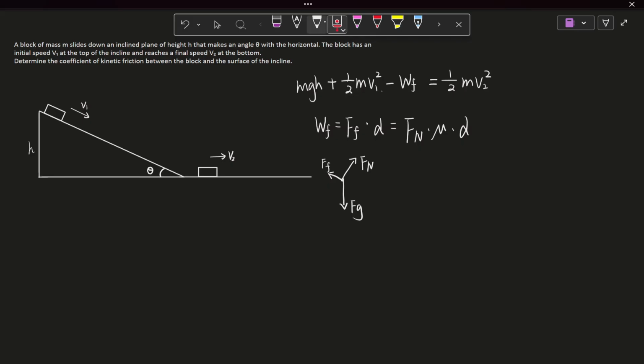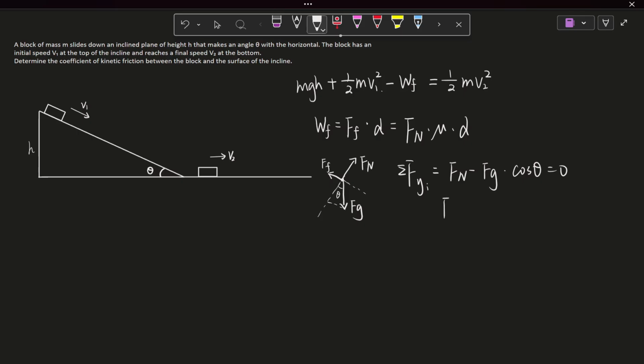So we can just write the net force equation out. This is theta. Net force in y, towards the incline, is equal to Fn minus Fg times cosine theta equals 0.